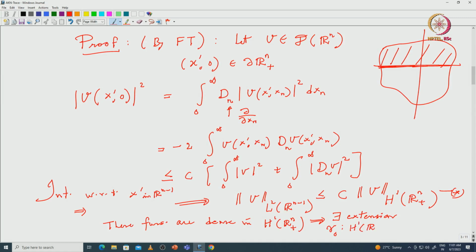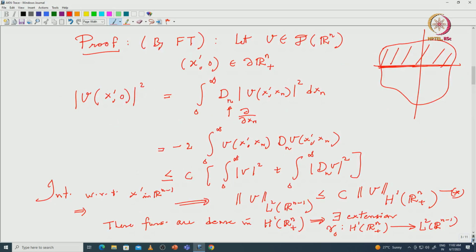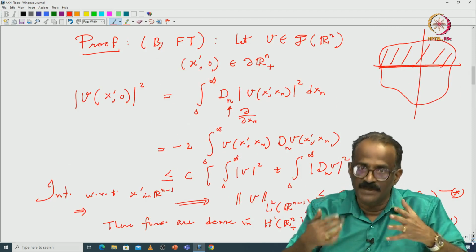So, you can extend, these are continuous linear maps to L2 of Rn minus 1, satisfying the conditions 1 and 2. You see what are your conditions 1 and 2? By definition, this is what we have now proved. So, 1 and 2 are obvious, which, as I said, you have already seen. So, this is your gamma naught. So, gamma naught is an extension which you can do, by continuity.